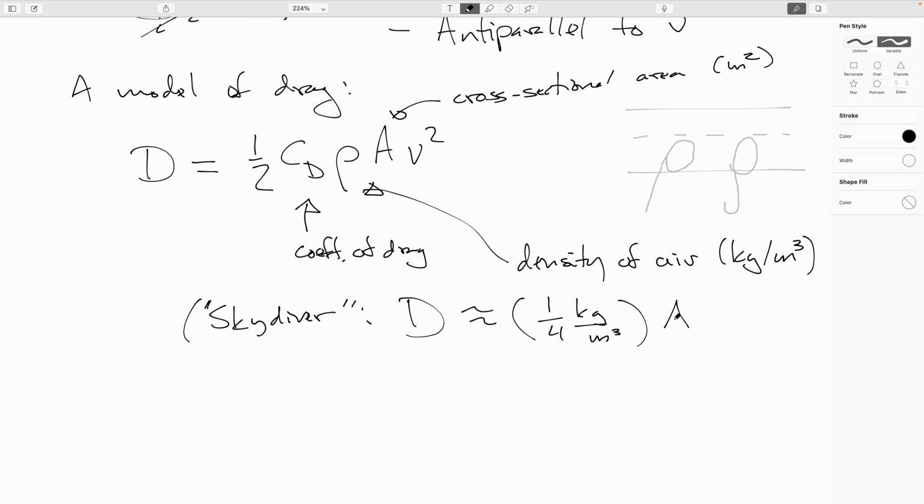And then we still times it by the cross-sectional area of the skydiver, which is probably going to be the skydiver's parachute, to be honest, times the square of the speed.